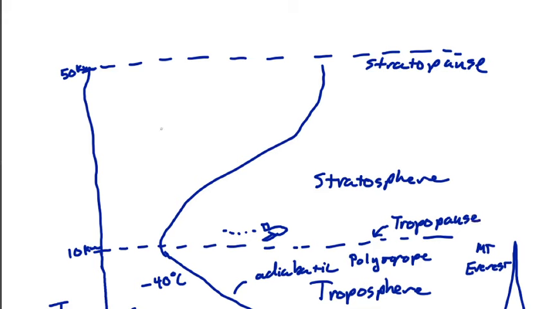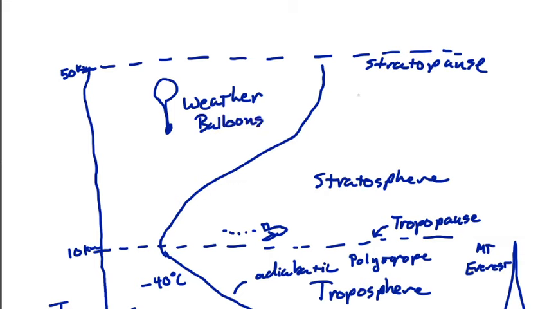Now, what gets up to 50 kilometers? Well, up to 50 kilometers, this is the realm of the weather balloons with their payloads, and this is well above anything that we can typically fly. The very craziest spy planes and things like that are up at these sorts of altitudes.